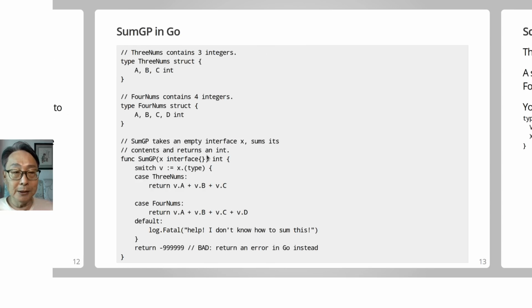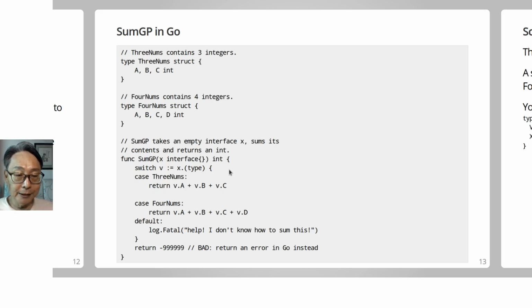This is how it looks implemented in Go. 3nums are defined here, 4nums are defined here, and SumGP is defined here. This is called a type case or type switch statement.